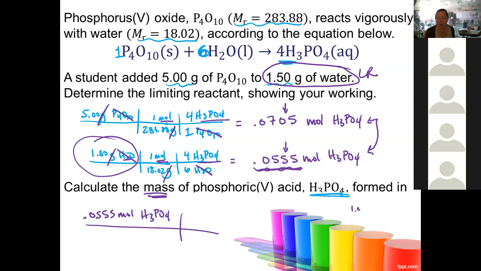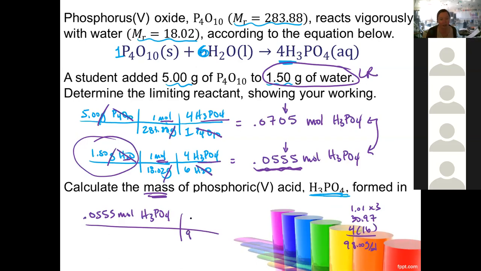So hydrogen is 1.01 times 3. Phosphorus was, I had it written down, 30.97, and then oxygen is 4 times 16 for a total of 98 grams per mole.